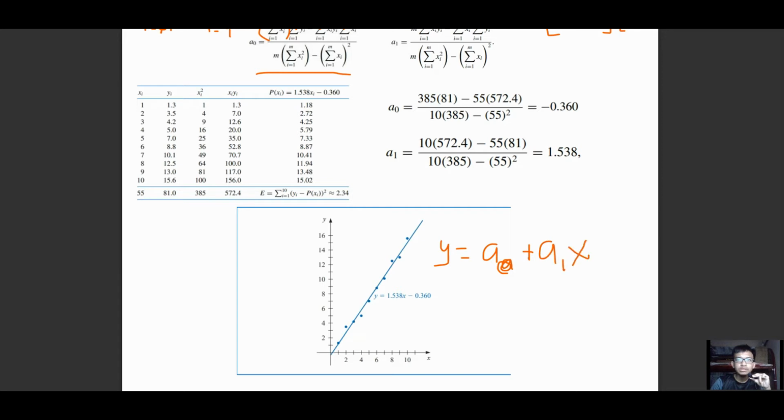Okay, so the coefficient of x is 1.538, so we put it here, and a naught is equal to this, so we just simply put it over here this way. And this is for polynomial degree 1, or we call it linear.